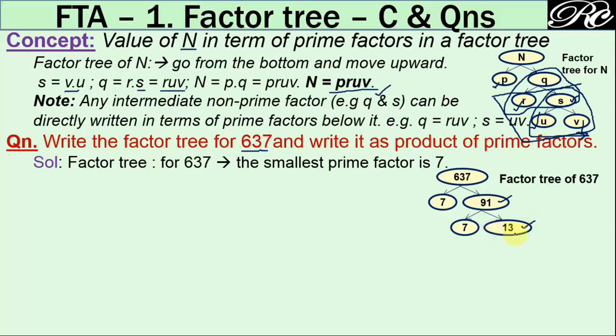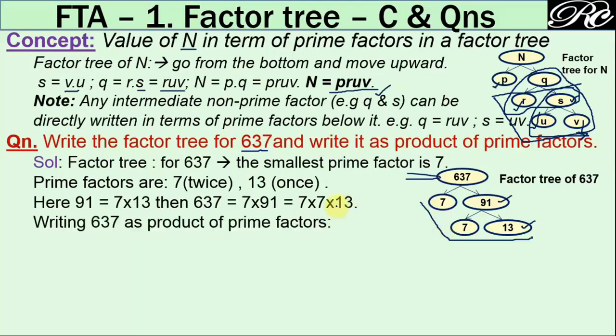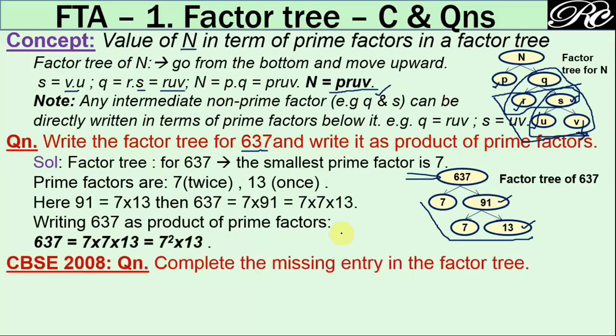Therefore it is 7 and 13. Now these 13, 7 and 7 are the prime factors. So therefore 637 can be written as 7 into 7 into 13. So this is how to write a number as a product of its prime factors. Based on this, a question was asked, it may be possible that some of the numbers given in this factor tree and some of the entries are missing.